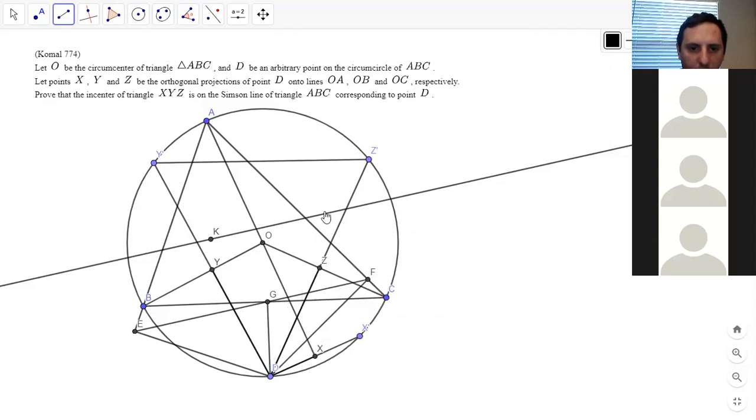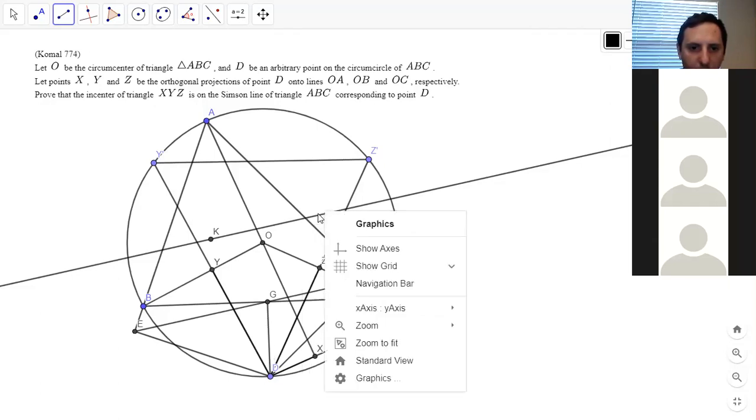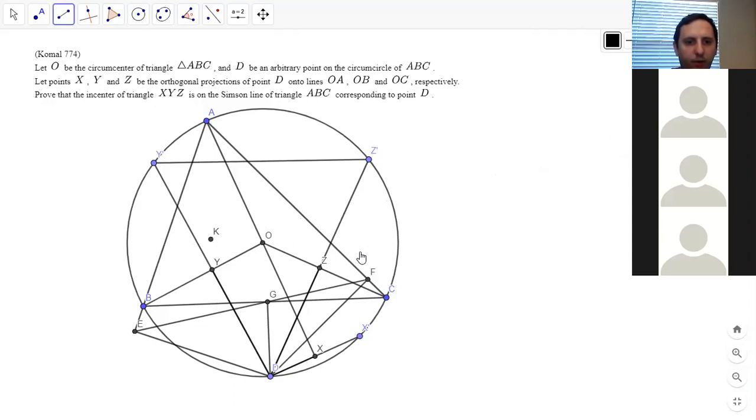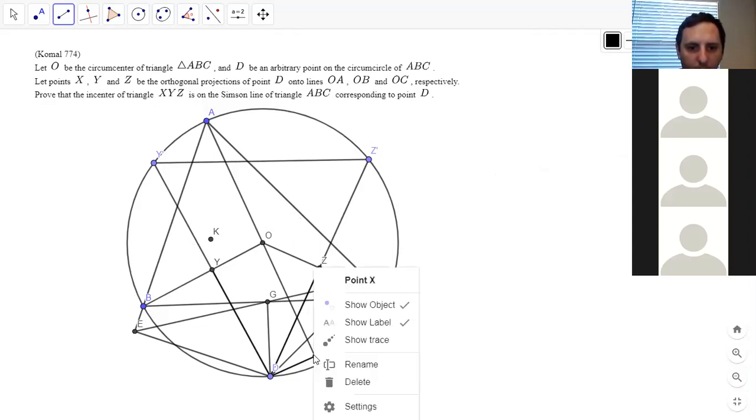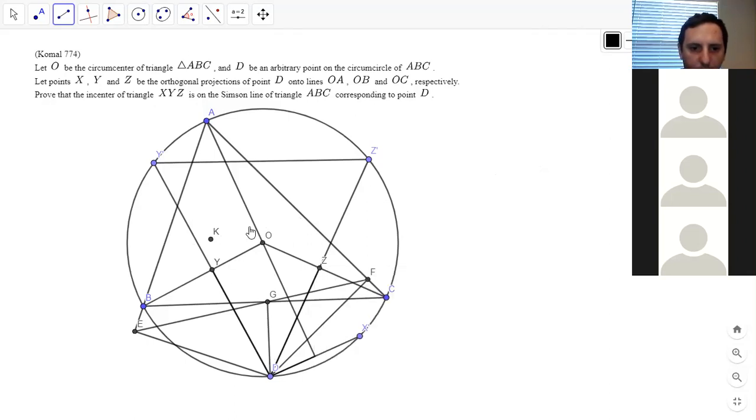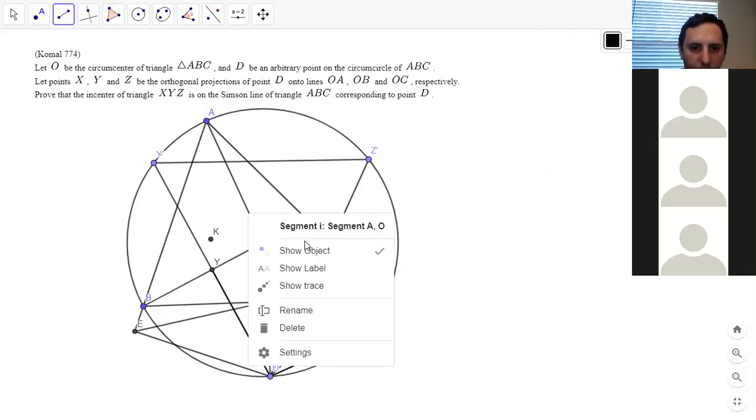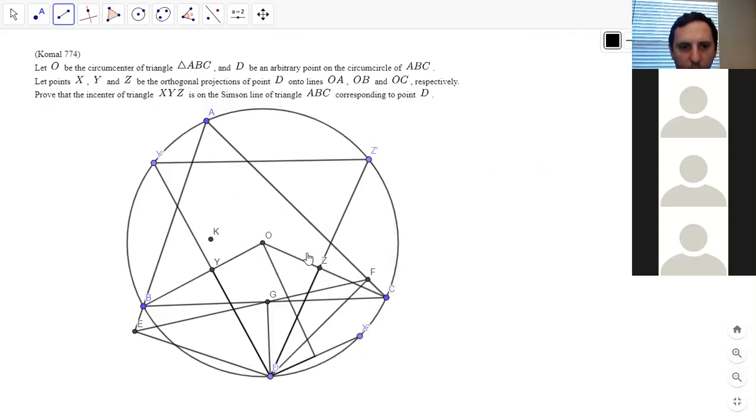So yeah, let's see. So let's draw the incenter of X prime, Y prime, Z prime. Well, actually, yeah, we can still have that there.